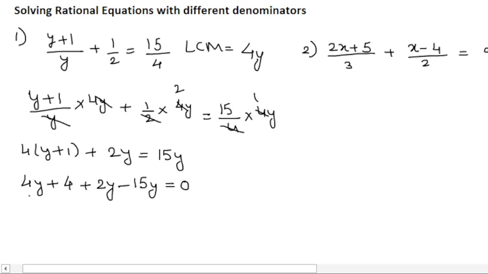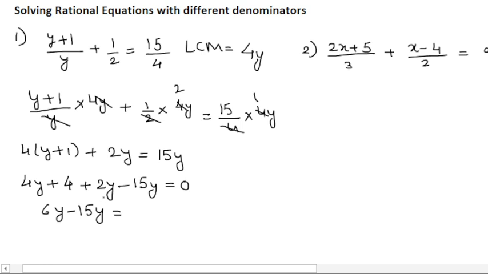While solving the like terms, what do we have? We have 4y, positive 2y, negative 15y. So when I add 4y plus 2y, 6y minus 15y, I am adding 2 at a time so that you don't get confused. One of the main things when you solve a linear equation is that you must collect like terms on the opposite sides of an equation.